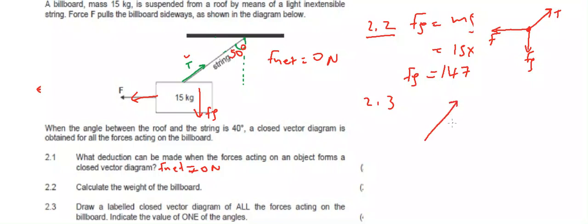So we have a force going in that direction, then a force which is going down, then the applied force. Here there is 90 degrees because horizontal is perpendicular to vertical. This is Fg. This one is the applied force. Then here is the tension.